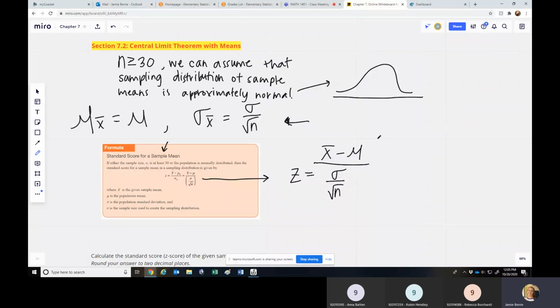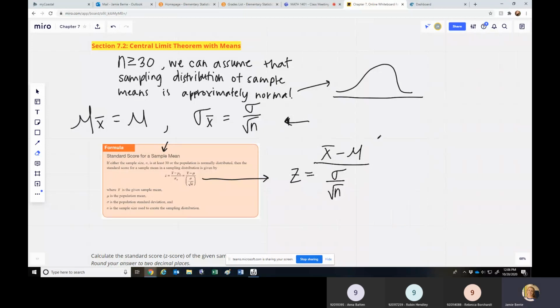All right, so you'll notice our normal standard score formula is just x minus mu over the standard deviation. So you can see that the standard deviation has been replaced by our formula for the standard deviation of a sampling distribution of sample means.